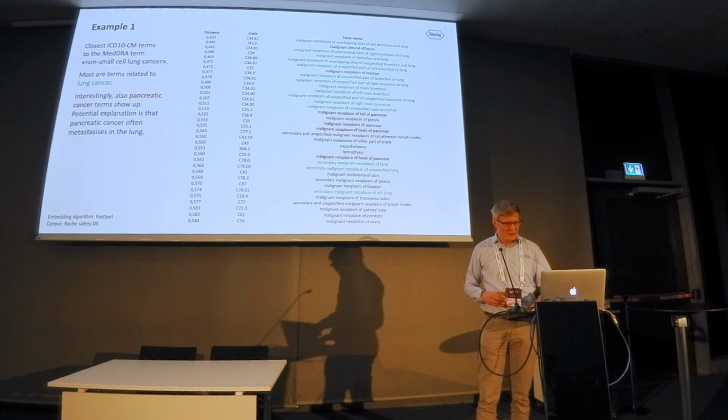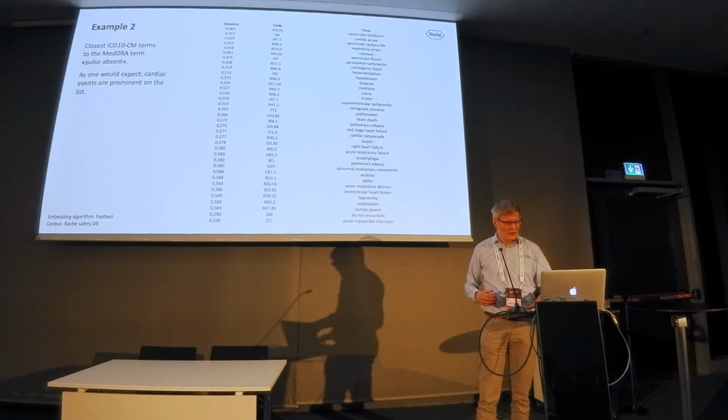Another example is for pulse absent, which was in one of the first slides. It had a very approximate mapping, which is not very useful if you want to do an epidemiology study. If you look at the closest ICD terms to pulse absent, you can see that a lot of different cardiac events appear on the list, and depending on the question you're trying to answer, you can pick some of these to describe pulse absent, the absence of pulse.